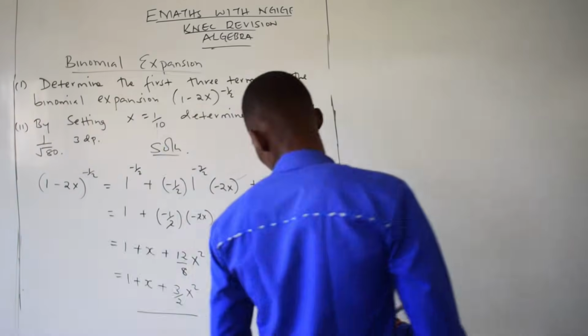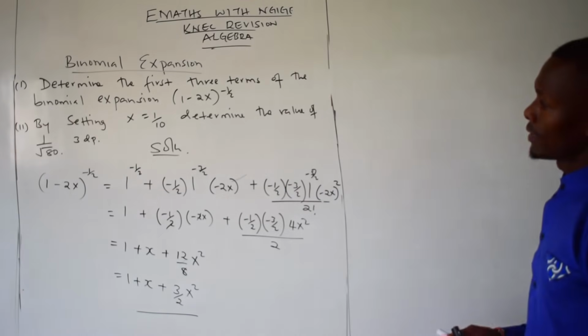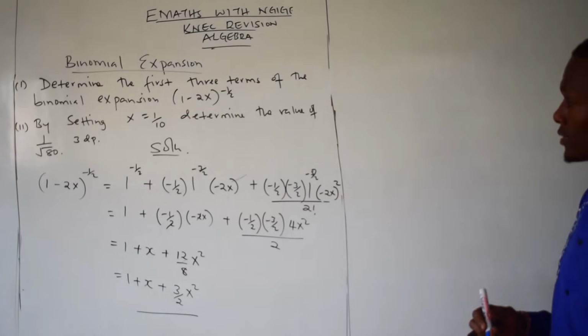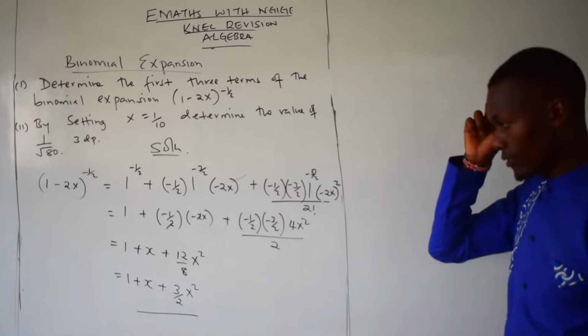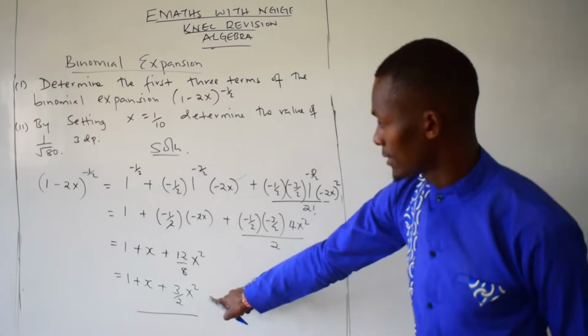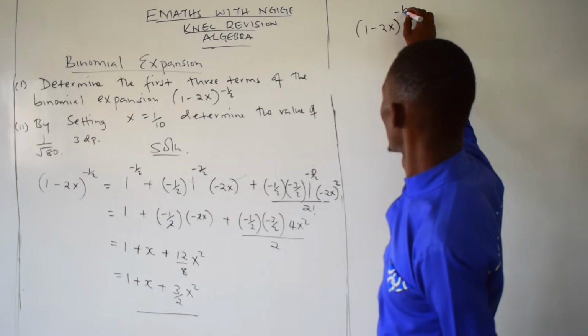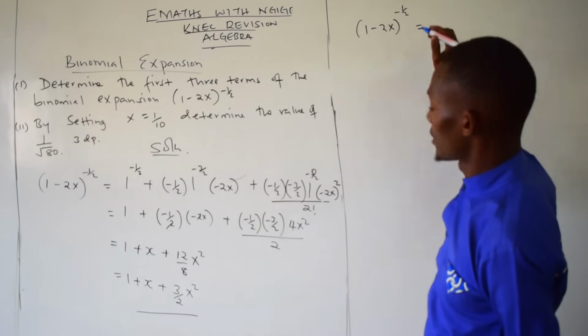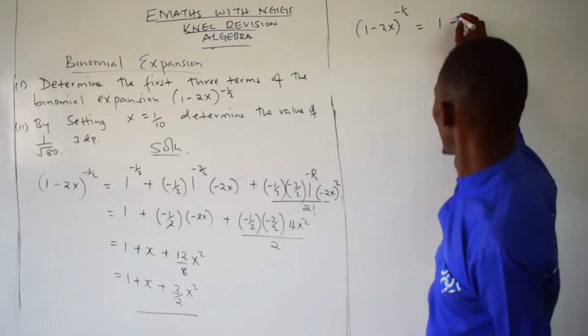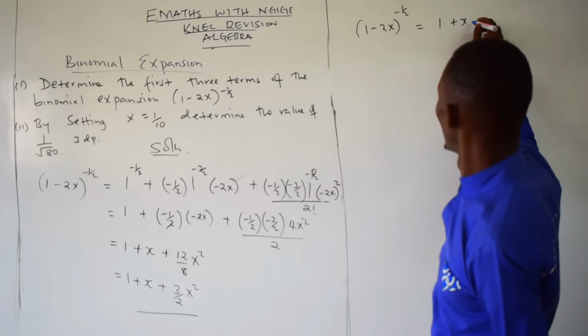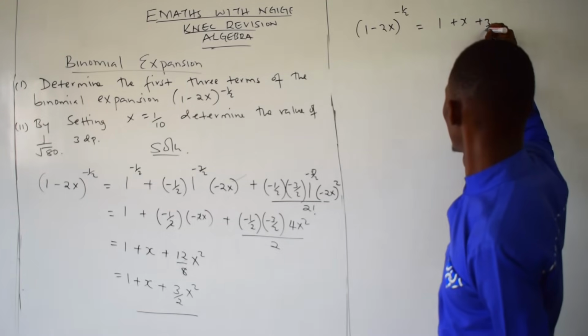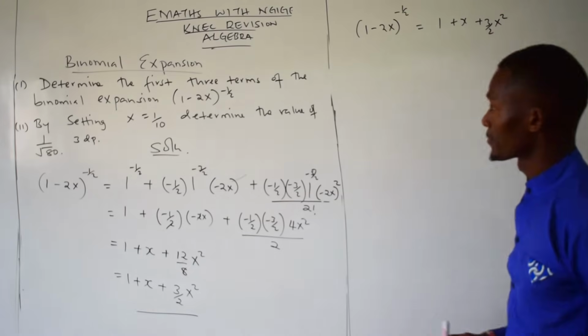Now, setting x equals to 1 over 10, determine the value of 1 over root of 80. So replacing, we know 1 minus 2x, expansion of it to negative a half, should give you 1 plus x, then plus 3 over 2 x squared.